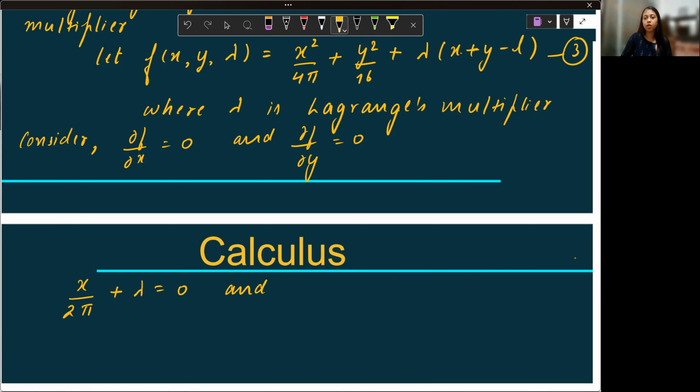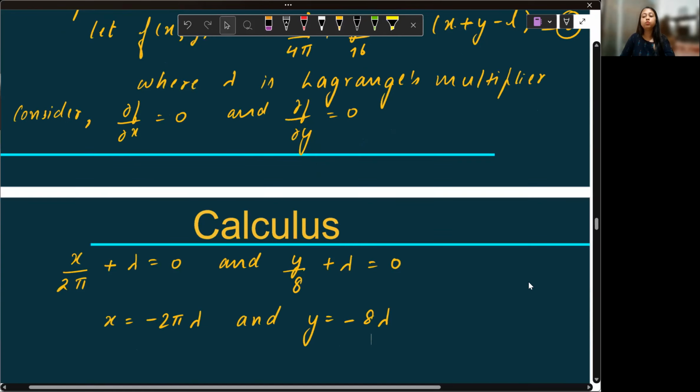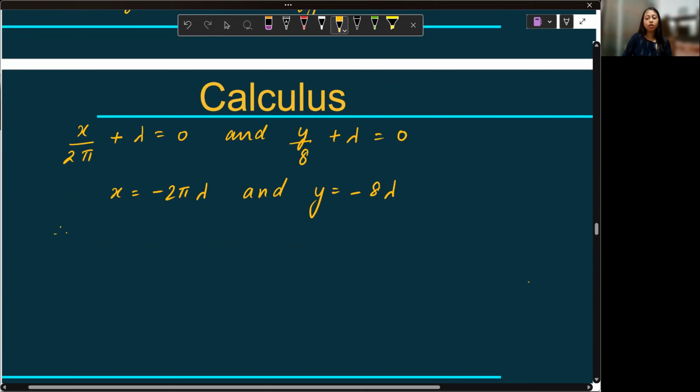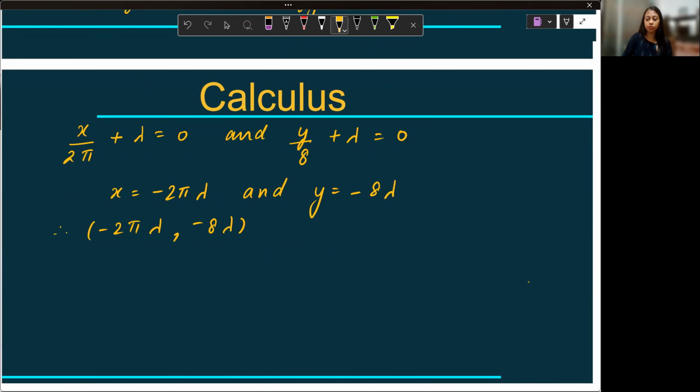And with respect to y, it will be y by 8 plus lambda equals 0. Okay, so what are the values of x and y here? x is minus 2 pi lambda and y is minus 8 lambda. So this is the stationary point. Therefore, minus 2 pi lambda comma minus 8 lambda is a stationary point.